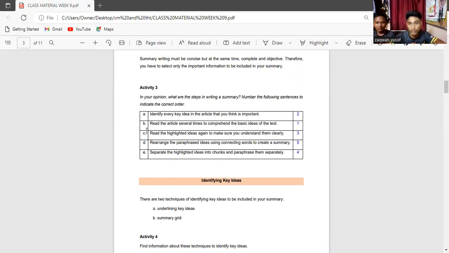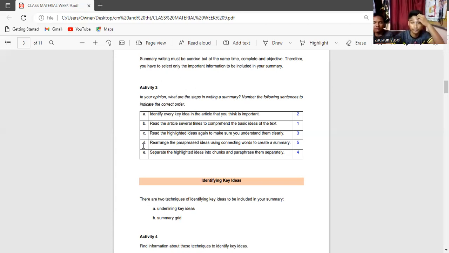The answer is 2. B: read the article several times to comprehend the basic idea of the text. Number 1. C: read the highlighted ideas again to make sure you understand them clearly.